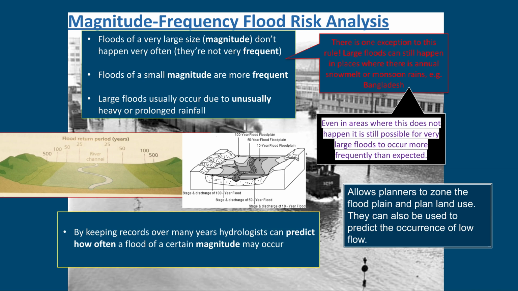Of course, many rivers flood with a small magnitude frequently, and of a large magnitude less frequently. And larger floods usually occur because there have been periods of heavy or prolonged rainfall, which has been the case in the early parts of this year in the United Kingdom.